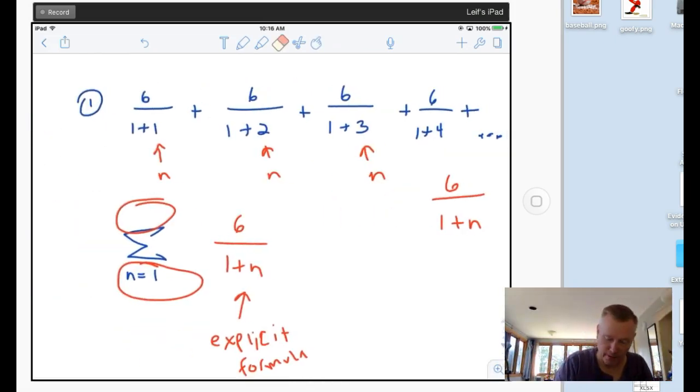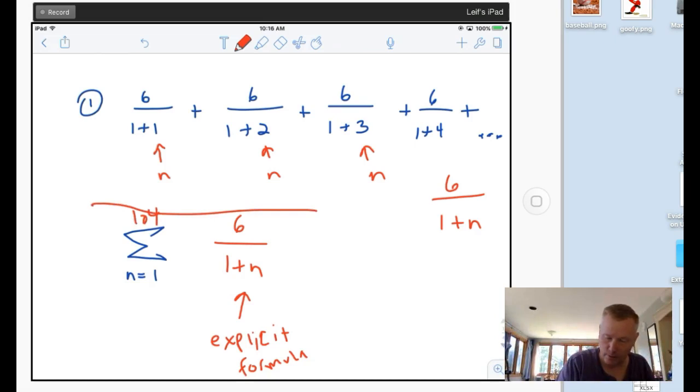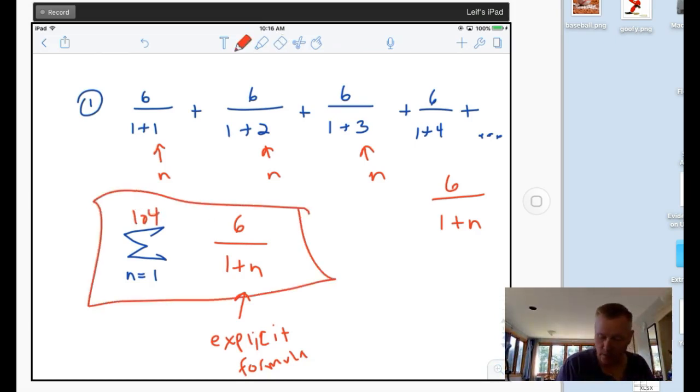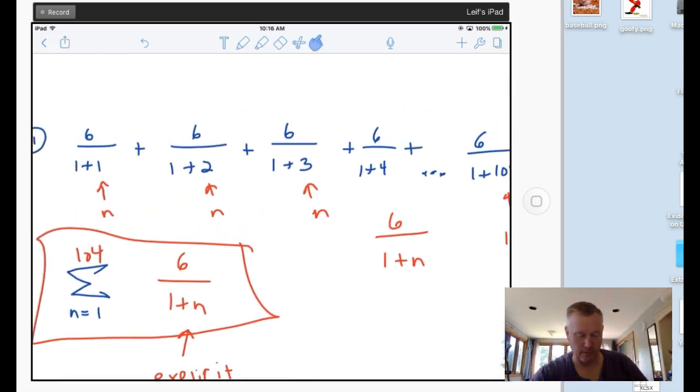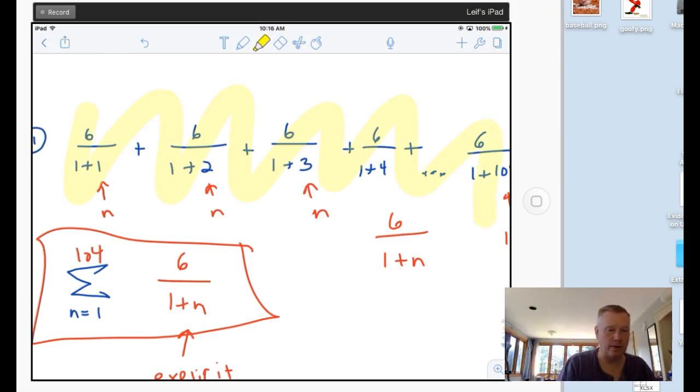So I'm going to put that in the numerator, 4, and now this is what I'm looking for, which means these two things are the same thing, all right? This is the whole sequence up here, 6 over 1 plus 1, 6 over 1 plus 2. These are the same things as what I just wrote with that sigma sign, okay?